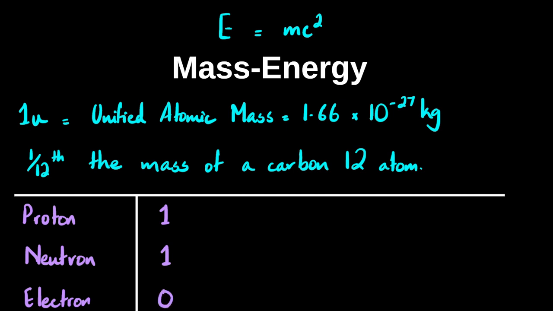But that is not really true if we take a very accurate measurement, and by very accurate I mean up to 6 decimal places. So the mass of a proton is 1.007276 u, so this is this many atomic mass units. And the mass of a neutron is 1.008665 u.